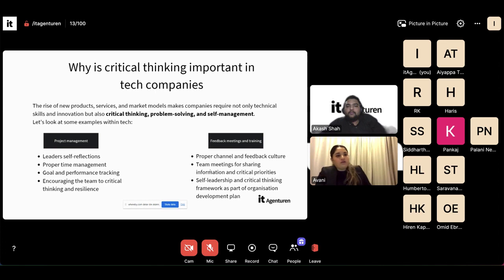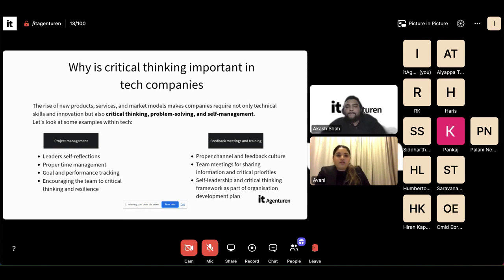You are no longer only responsible for bringing in the technical part or your innovation, but also soft skills such as critical thinking, problem solving, being a self-managing person. And these things play quite an important role when choosing a new addition to the team, or choosing a new manager in the company, and so on.